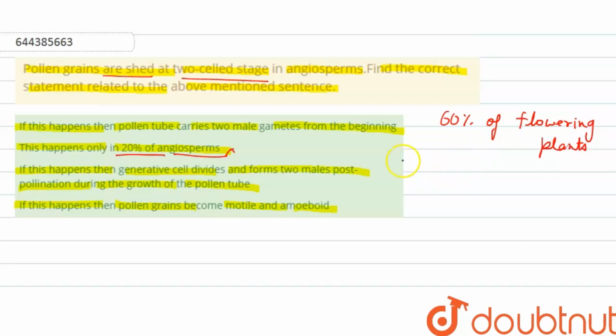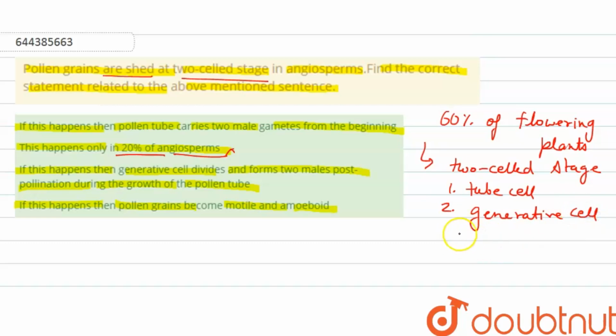Right? So pollen grains in these 60% of flowering plants, they shed at two-celled stage, that is, first is tube cell and second one is the generative cell.